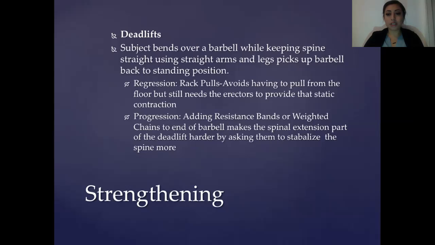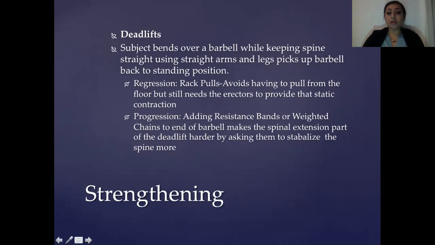And a quick regression, if someone can't pull up the weight that they have or they don't have the full flexibility yet, I found that rack pulls are very good for that, or having that weight on an elevated surface so that they can still perform that static contraction of the erectors. But they're more focused on that than the weight that they're pulling.